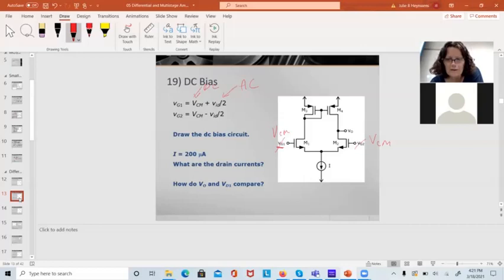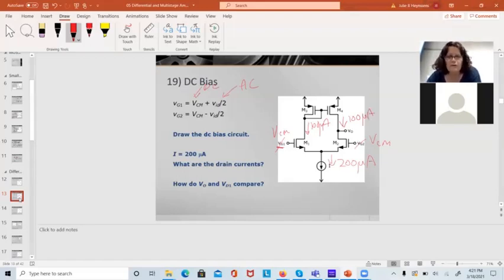My I is 200 microamps. Now, since this is the DC part of the circuit, I have the same voltage on both sides, VG1 and VG2. All I have is the common mode voltage. The current's going to split perfectly. It will not split perfectly in AC mode, but it will split perfectly in DC mode.